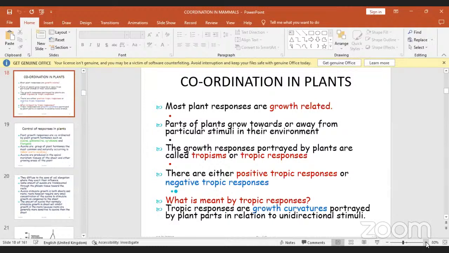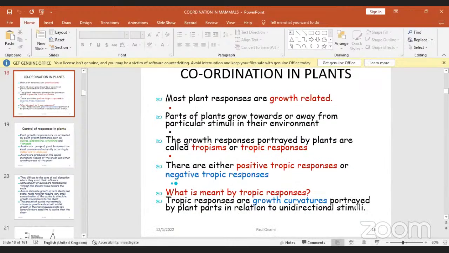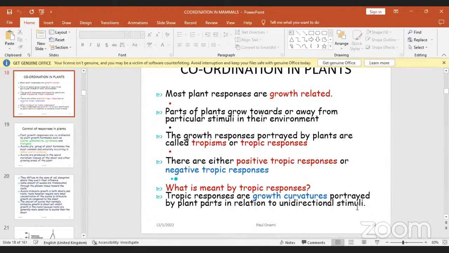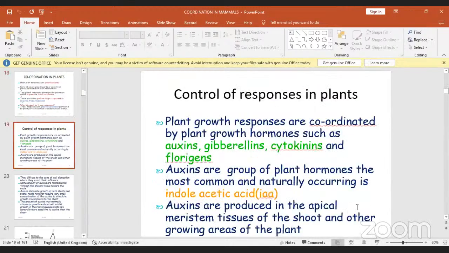A question is asked, what's meant by tropic responses? And I've said that there are growth curvatures portrayed by plants in relation to a unidirectional stimulus. A unidirectional stimulus is a stimulus that's coming from a single direction. And I gave an example, that if you grow a plant in a dark room and there is light that is coming from one side, that plant will grow in the direction of that light.